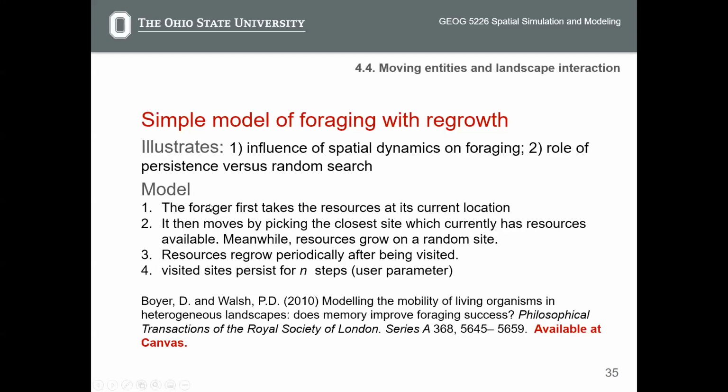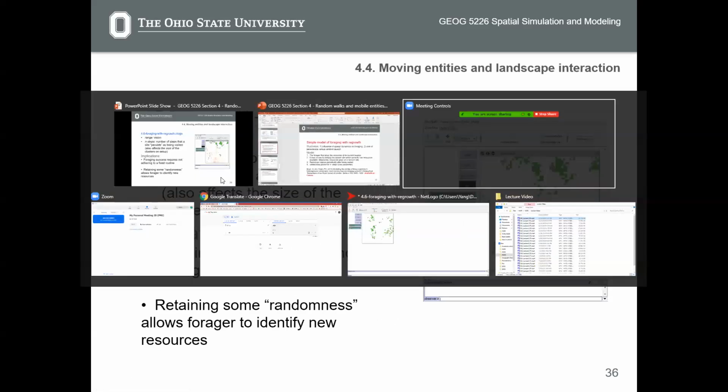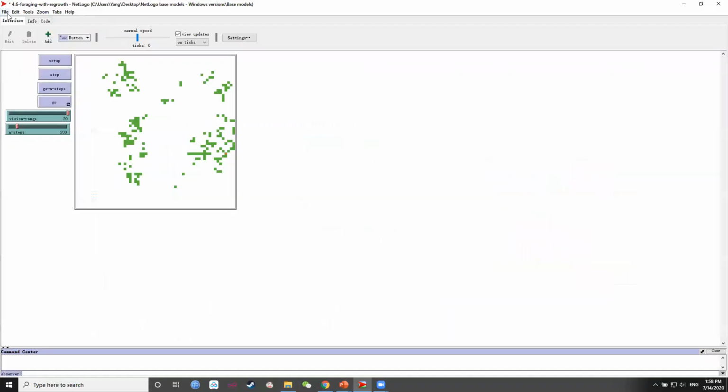The model right here is implemented in NetLogo. It is model 4.6. Let me show you this model very quickly. When you load it, you see a spatial pattern of resources: all those cells with green color are cells with resources.